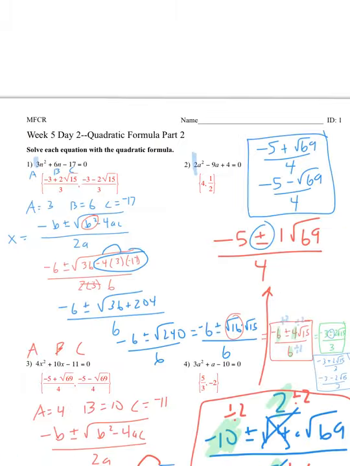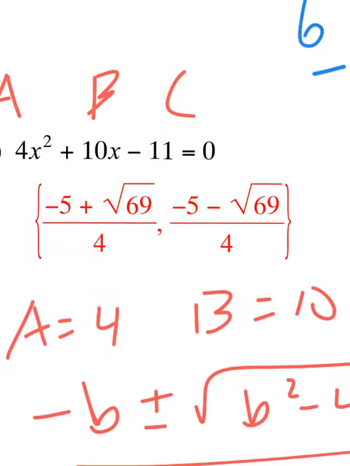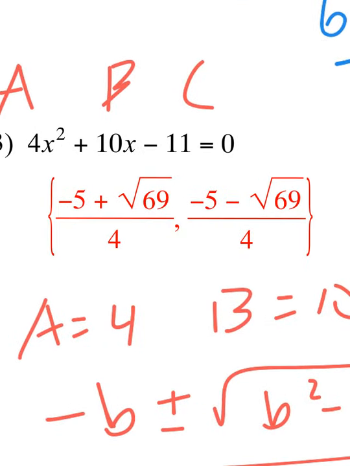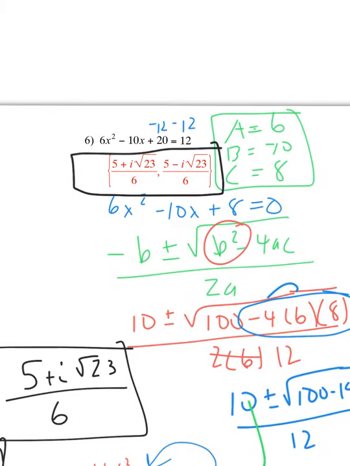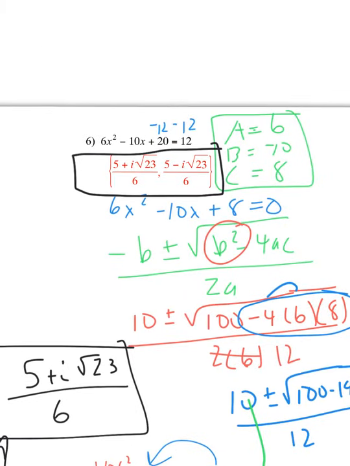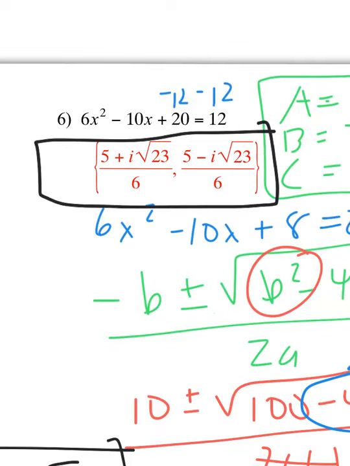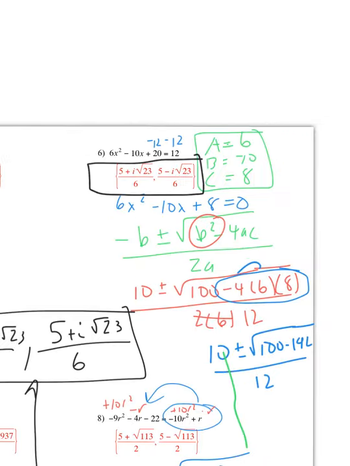But if your answer has any type of square root in it that did not simplify, such as number 3 here, or more recently, number 6 that we just finished, that means it was not a perfect square and that you have an irrational number, or as in number 6, you have an imaginary number. There's no way you could have factored that. You have to use the quadratic formula.